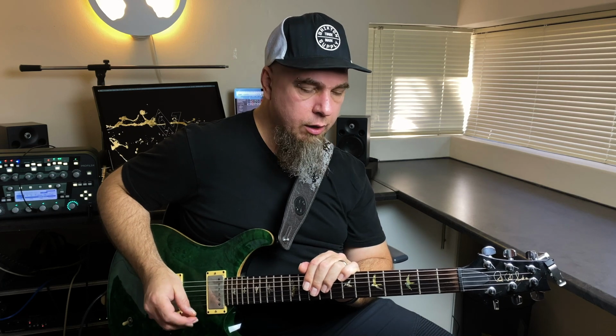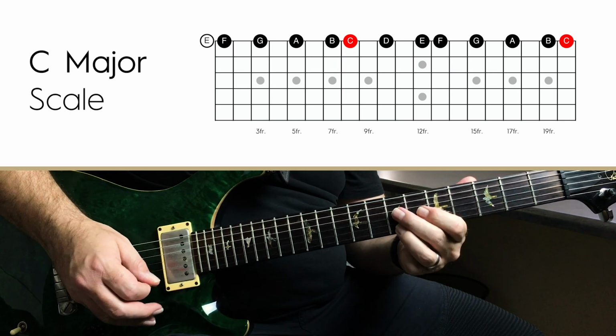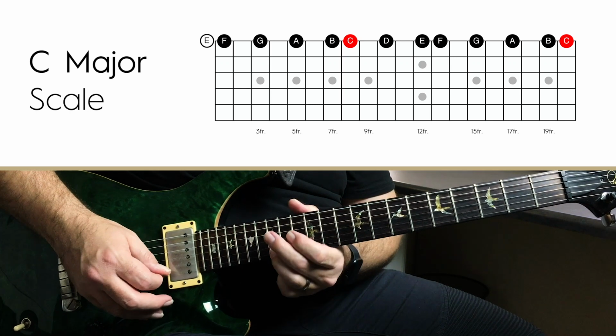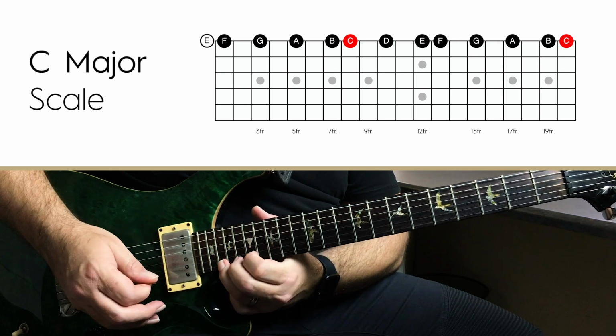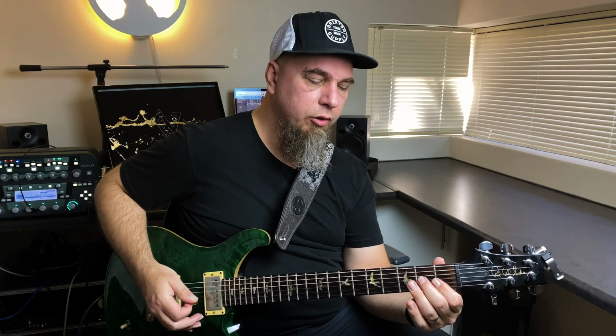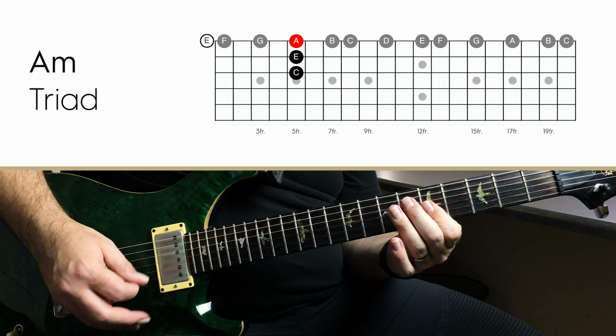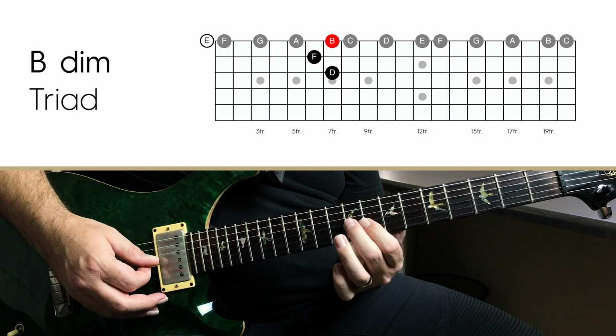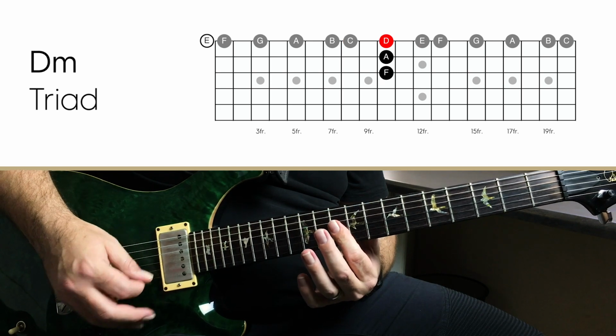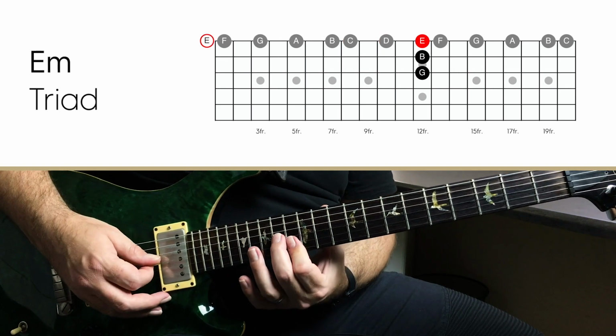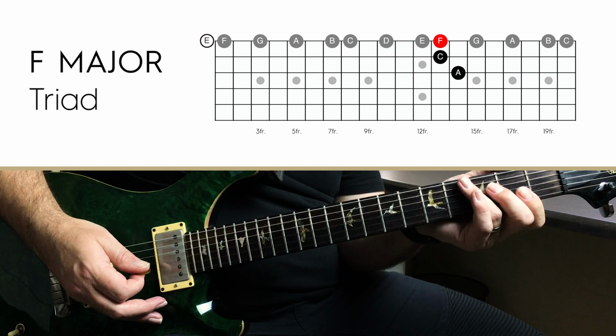And then finally, I can also play the C major scale on the E string, starting on the E note. So this is F major, G major, A minor, B diminished, C, D minor, E minor, and then back to F, where we started.